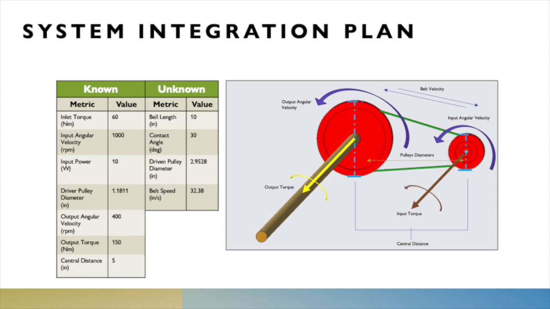Same as with the ankle mechanical system, we have calculated our unknowns in phase C1. Our knowns are input torque, input angular velocity, input power, driver pulley diameter, output angular velocity, output torque, and central distance.